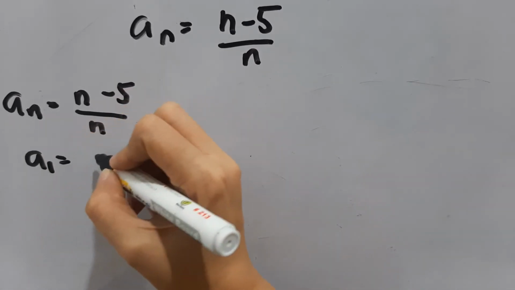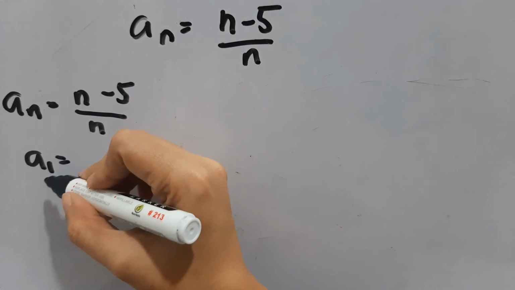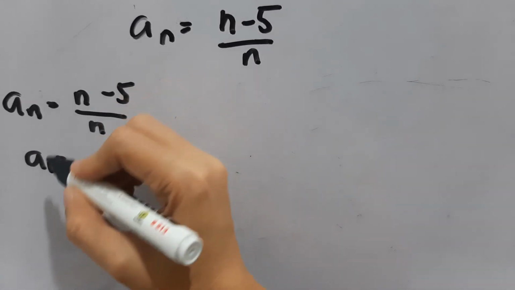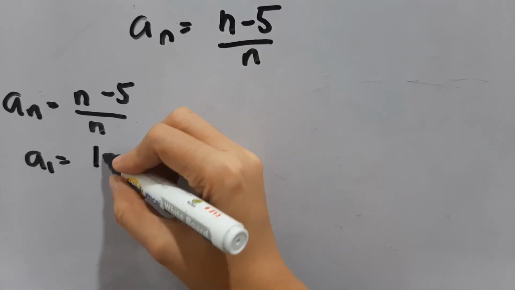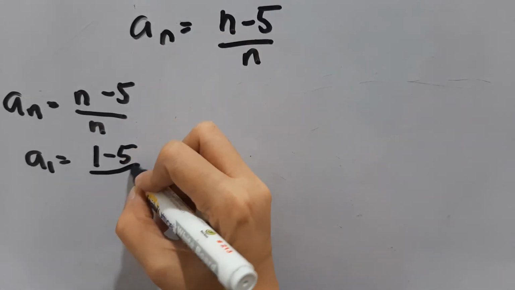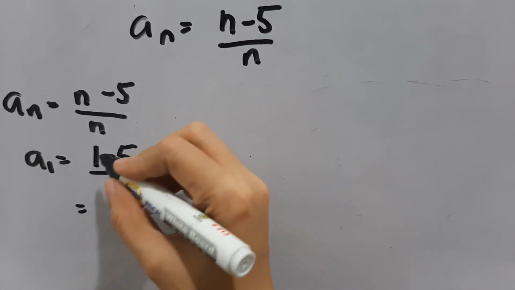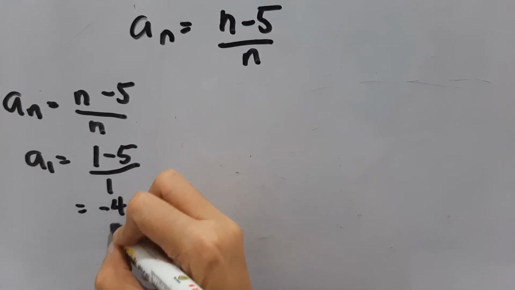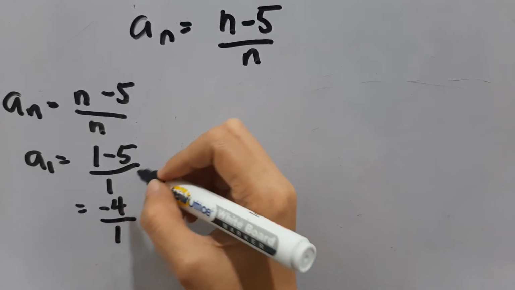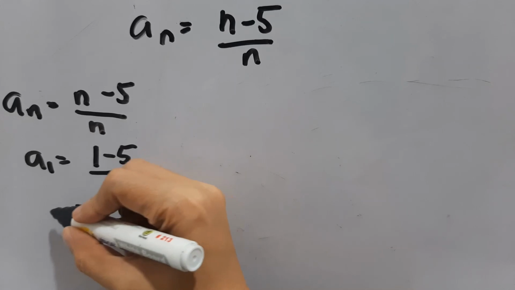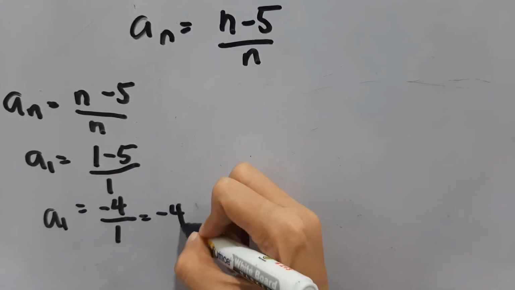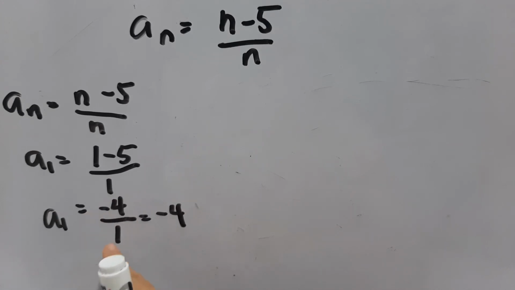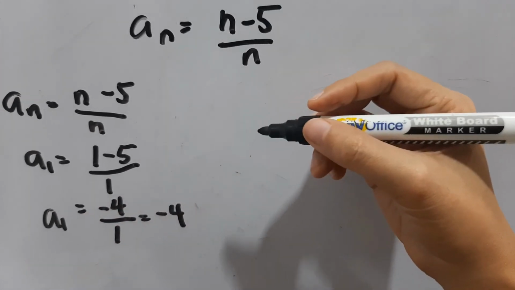First term equals, so just copy the value of the subscript here, put it in n, 1 minus 5 over 1. 1 minus 5 is negative 4 divided by 1. And the first term is negative 4. Negative 4 divided by 1 is negative 4.